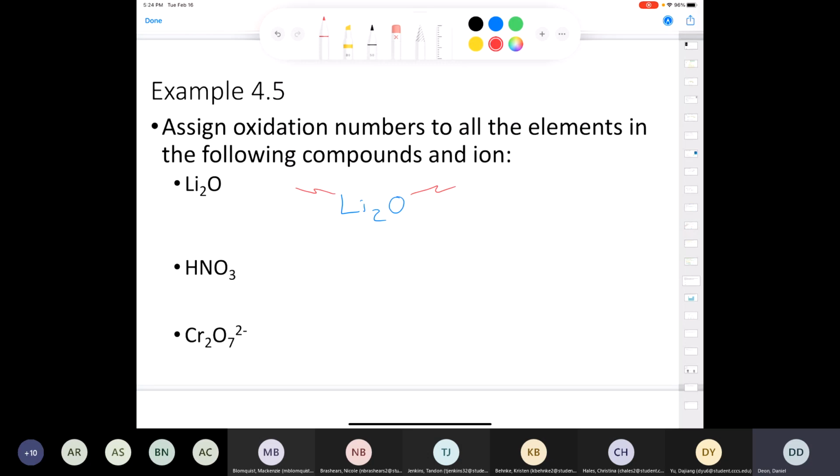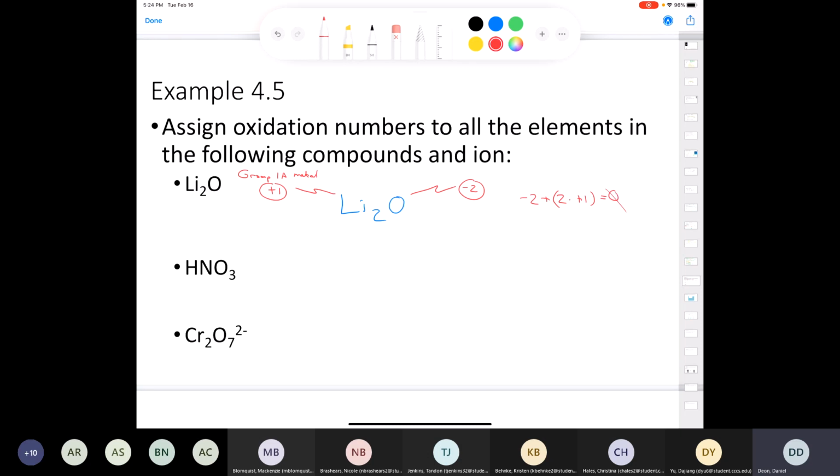All right, so the lithium is in group 1A, so it's a group 1A metal. Therefore, it's going to have an oxidation number of +1. And the oxygen is almost always -2, very few exceptions. This wouldn't be one of them, so the oxidation number of the oxygen is -2. Does that work out? We have -2 plus 2 times +1, and that would equal 0.